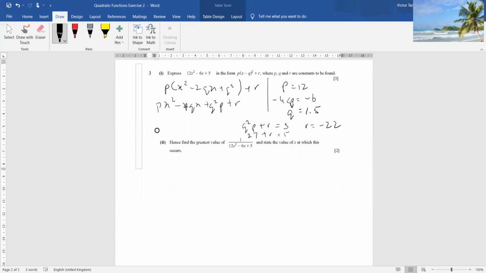So minus 2pq equals minus 6, so minus 2 times 12 is minus 24. 6 over 24 is a quarter. q equals a quarter. Okay. Now this.